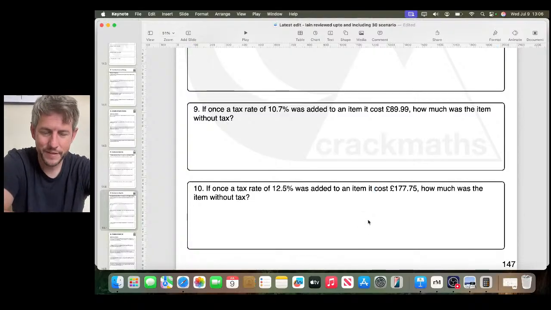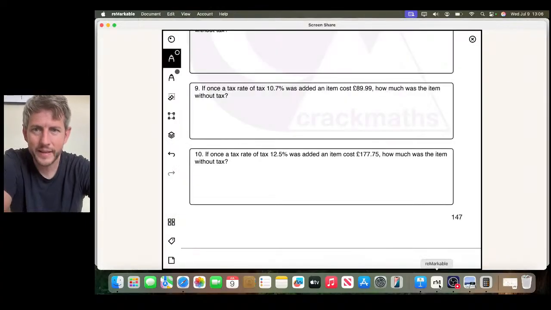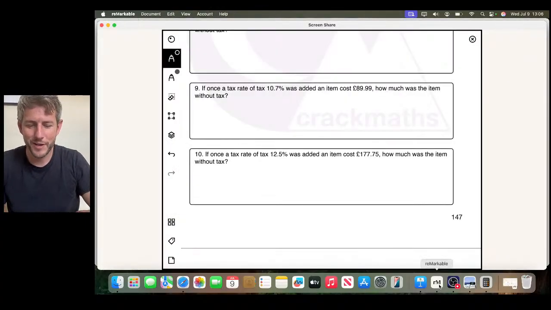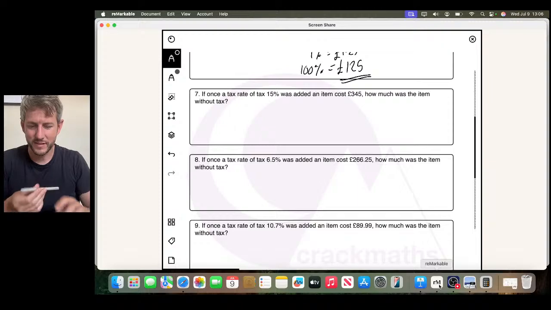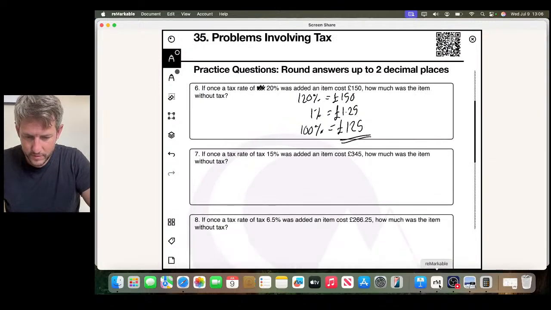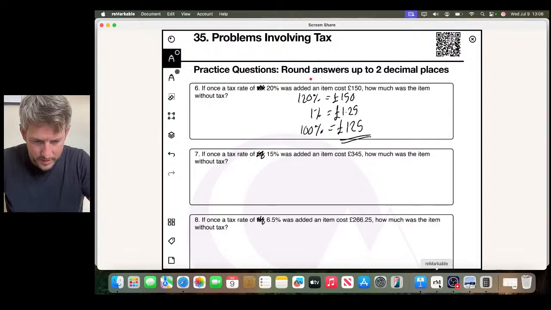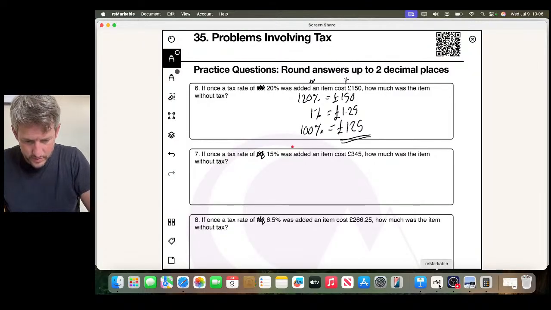Okay, I believe they're all good. Let's go back and answer these questions, just glossing over the mistakes. So let me just scribble these out. Was added to an item. Was added to.